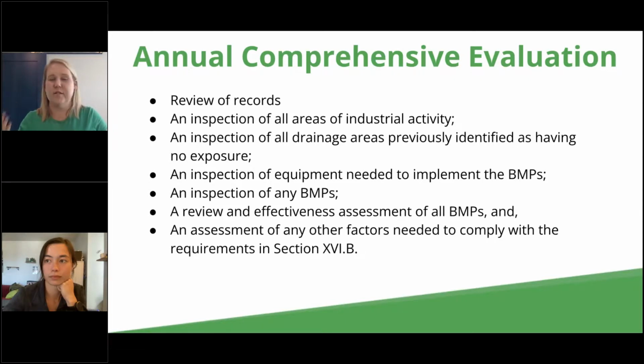Again, you're doing this monthly, but a very thorough check of your BMPs, anything needing to be maintained, replaced, or maybe just time to consider a new BMP. And then again, review the effectiveness of those BMPs. And then, the lovely catch-all: is there anything else I need to do to be in compliance with this permit?